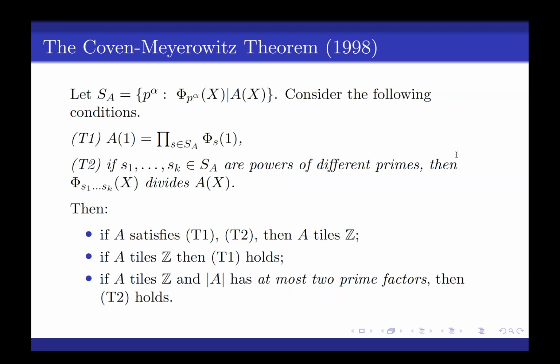Condition T1 says that if you evaluate A at 1, that gives you the cardinality of A, and this has to be equal to the evaluation at point 1 of the product of all prime power cyclotomics corresponding to elements of the set S sub A.